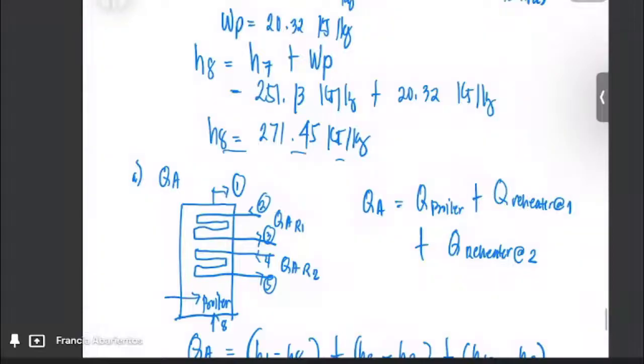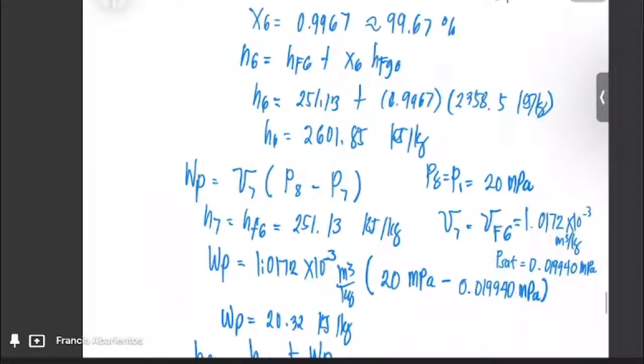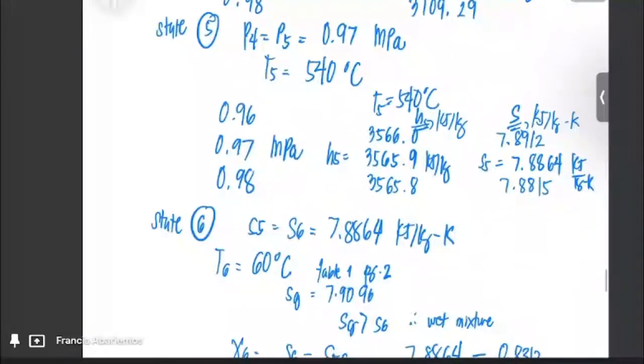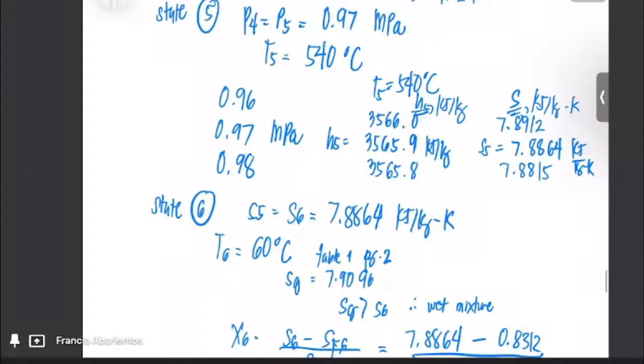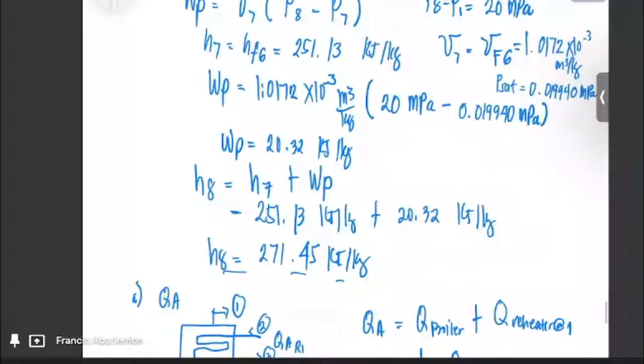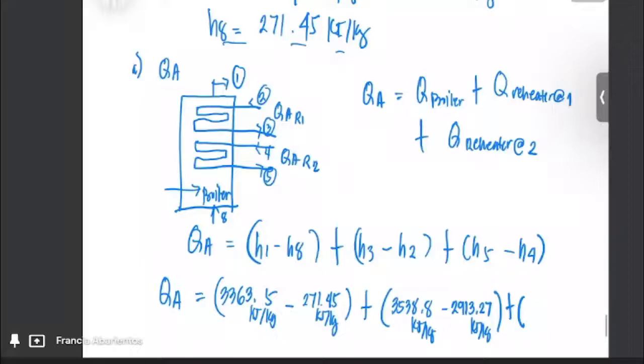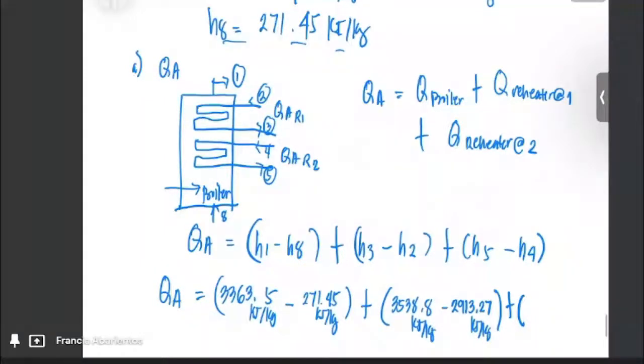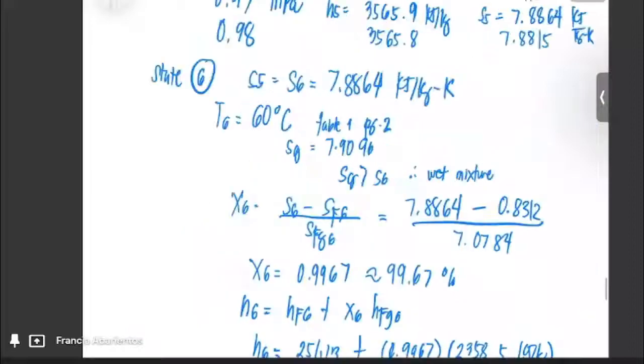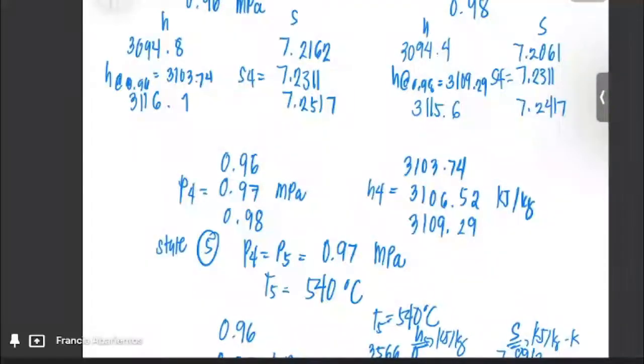Pag mali ka klase sa isang property, mali na yung answer mo. 3565.9. 3565.9 minus H4. Haba-haba itong H4. 106.52.